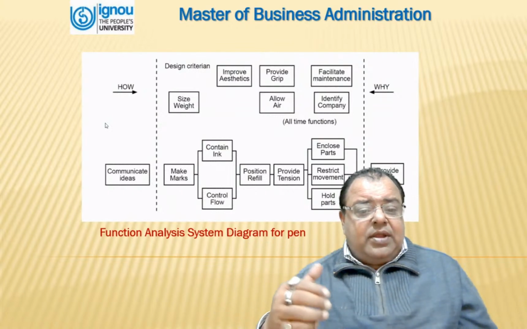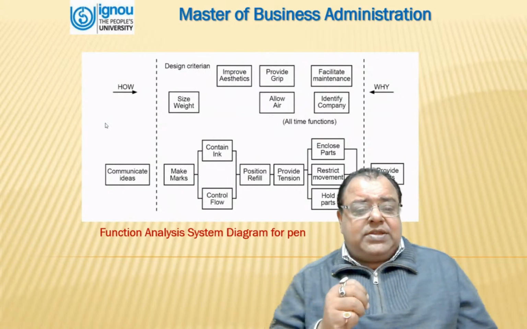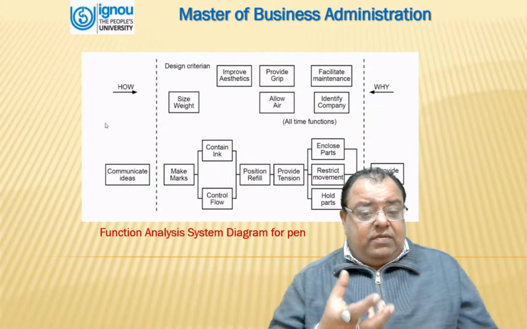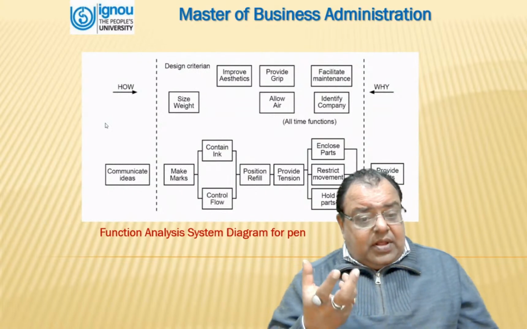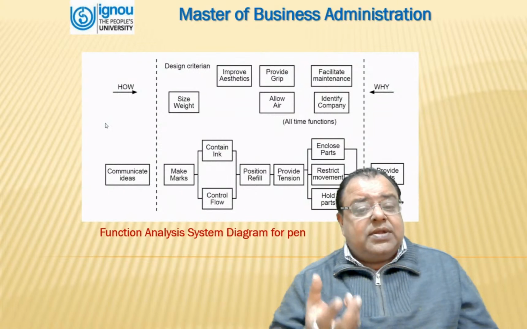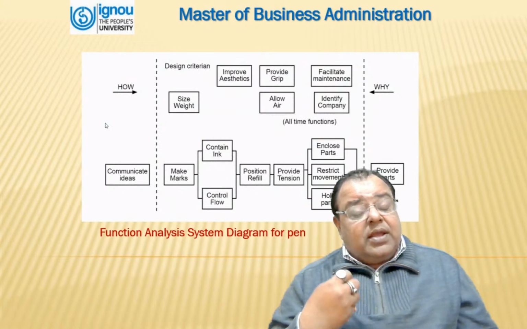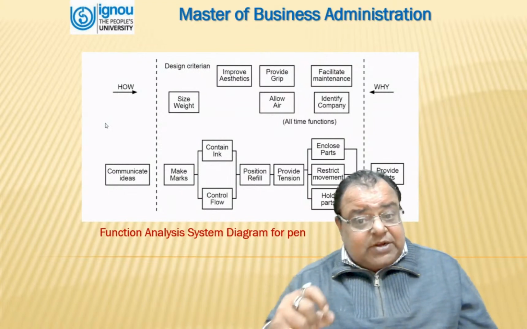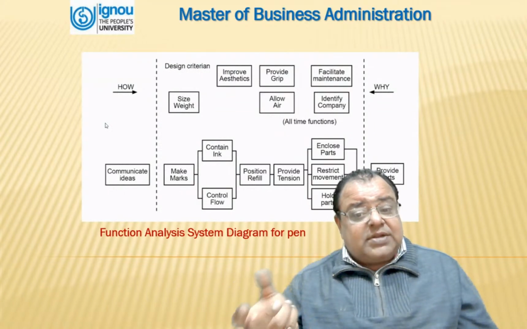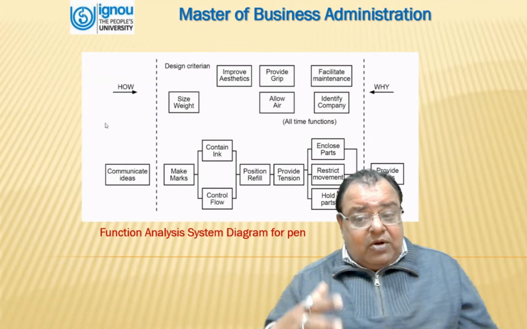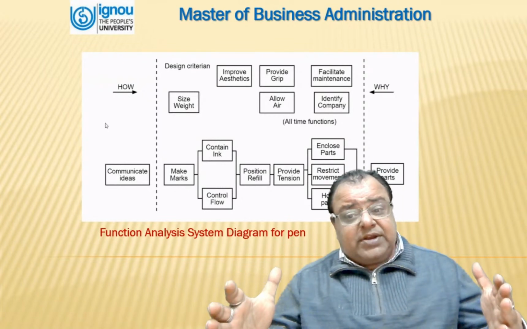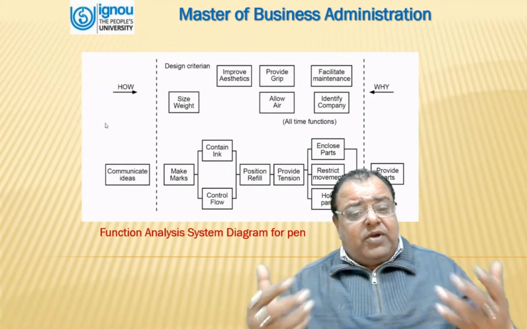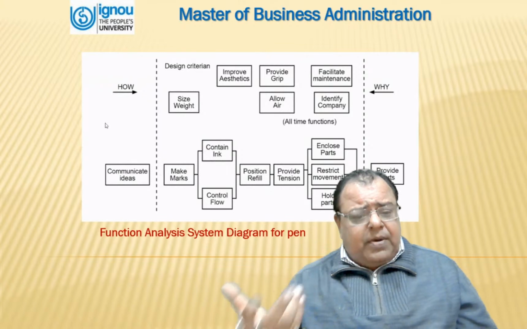If we come to the lower part of the diagram, we can see how to communicate ideas. It is make marks, it contains ink, control flow has to be done, position of the refill, provide tension to grip, and close all parts, restrict movement, hold parts, and that part is related to provide parts. That means all the four activities are being performed and studied.